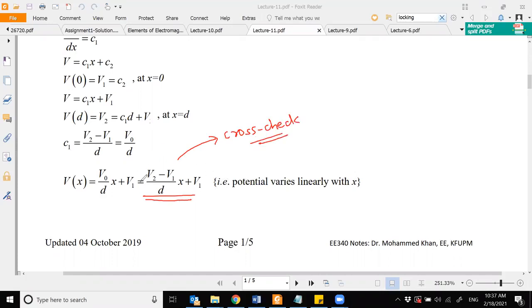No, Thabit, this doesn't require any knowledge of electromagnetics. This is just from mathematics. You have some boundary conditions and you have an equation which satisfies those boundary conditions.